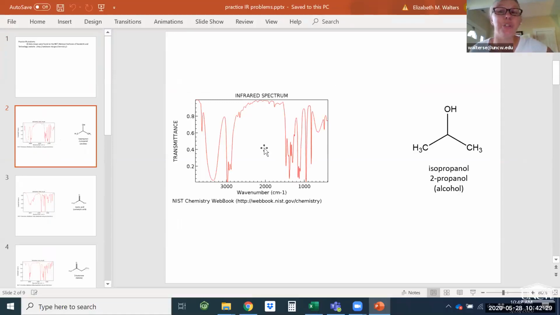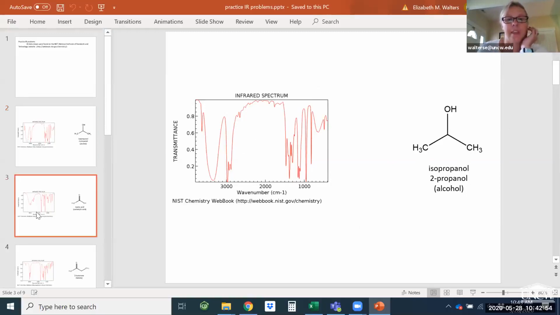You might want to do it twice and have it like a memory game. It doesn't matter that I put this on here because I wanted to make sure that I had credit for the NIST website. So this is the NIST webbook image IR spectrum of isopropanol. But it doesn't matter that it's isopropanol, you can just write alcohol.